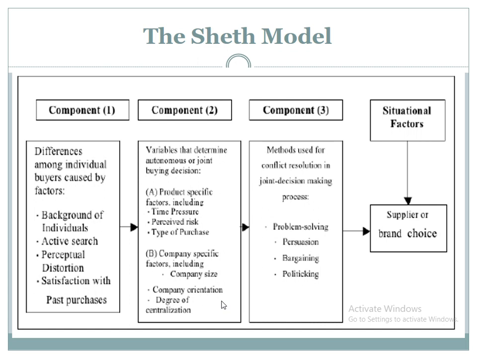The problem solving and persuasion methods are used when there is an agreement about the organizational objectives. If there is no such agreement, bargaining takes place. Conflict about the style of decision making is resolved by politicking.